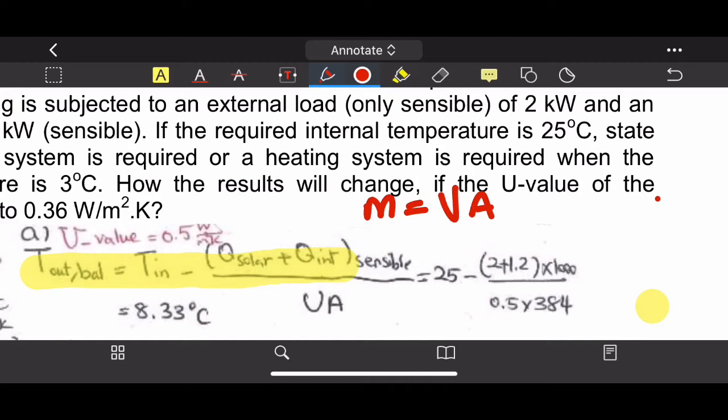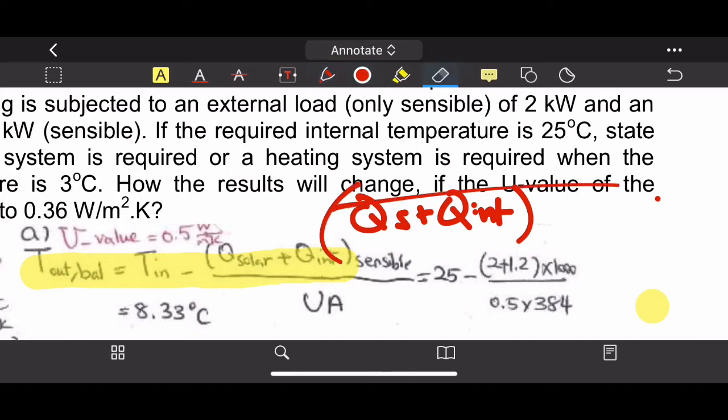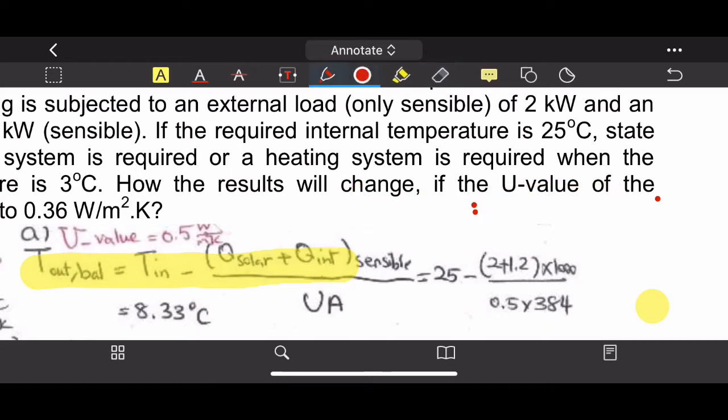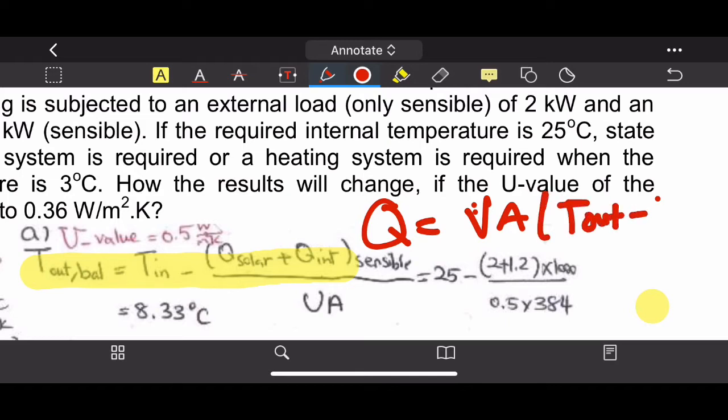So that is why we change the equation. Q, which is Q solar plus Q internal, equals VA times 1, so we don't need to write that, times T out minus T in. Rearrange that and you get this answer.